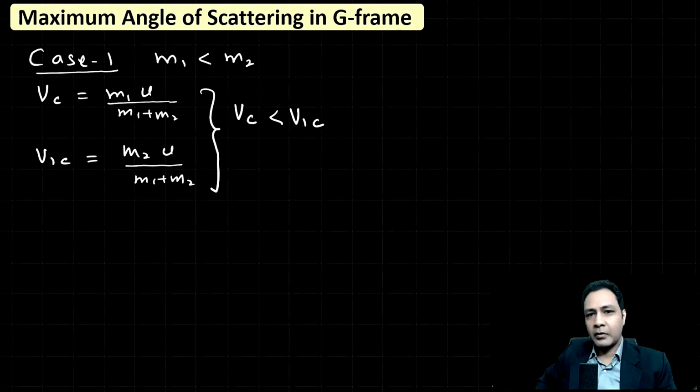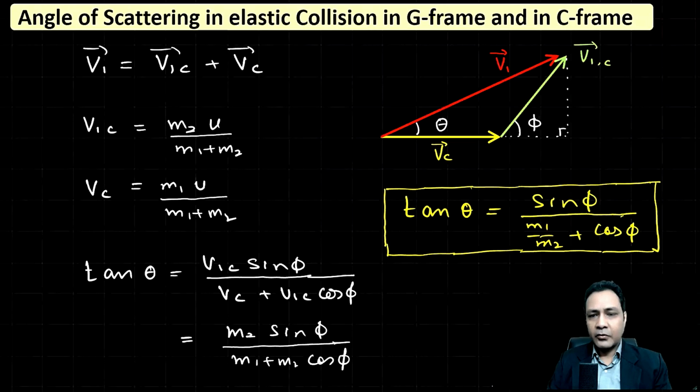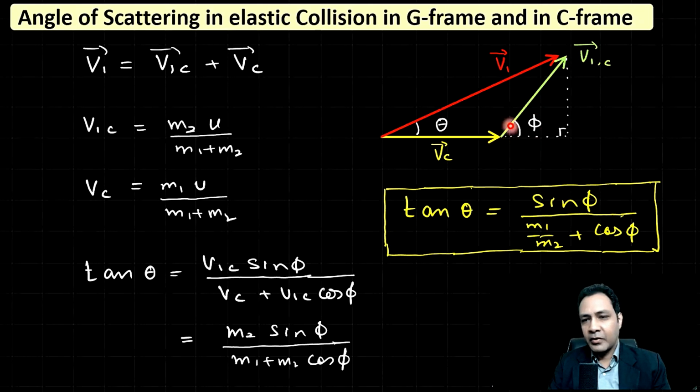So we will once again make that graphical diagram. In this diagram, you can see that the vc vector was along the x-axis, the v1c vector is at angle phi from the x-axis, and v1 at angle theta. In the C frame, the speed of the colliding particle does not change.